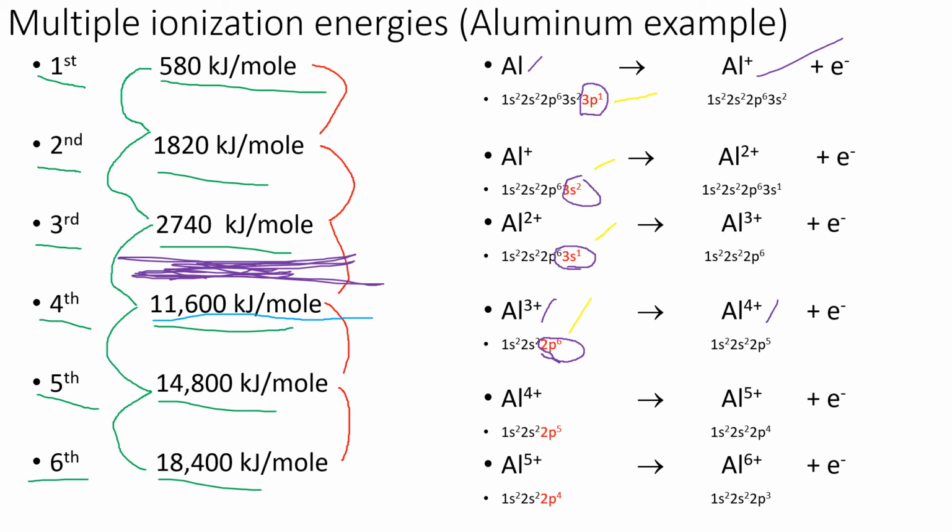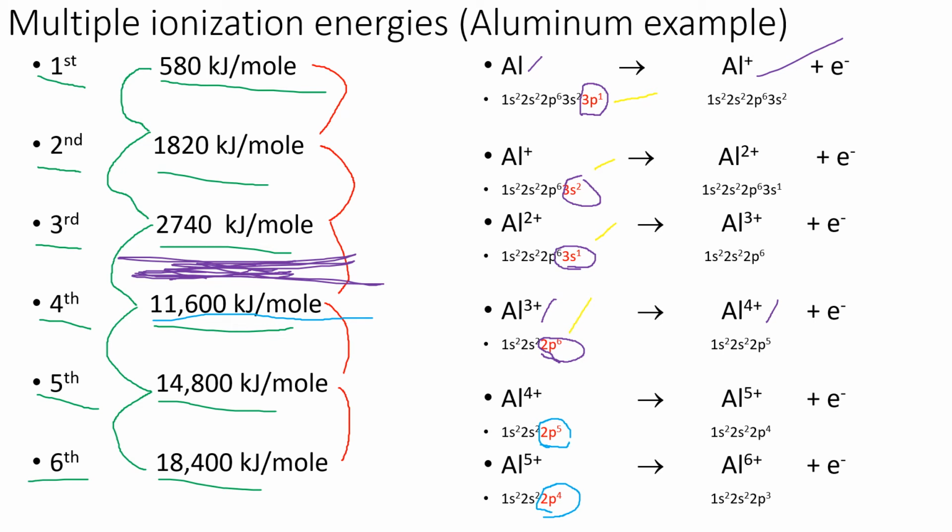If we go on to the fifth and the sixth, we still see it's increasing, but I don't see that same huge jump that I saw before, because now, highlighting which electrons we're removing, the fifth electron we removed is still from that 2p, and the sixth electron, still from that 2p orbital.